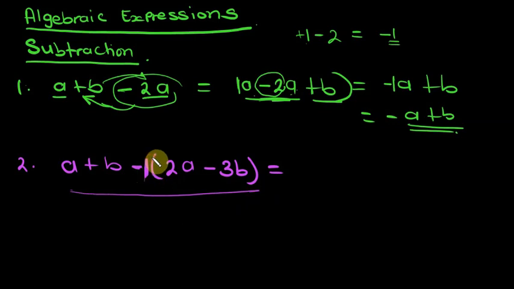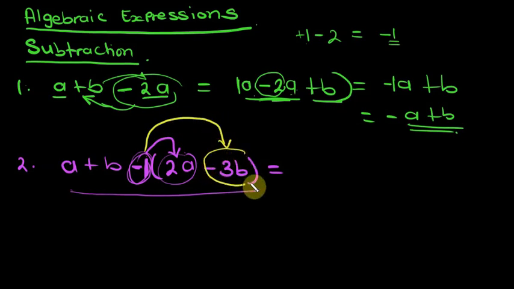So what we need to do to expand the bracket, we just multiply everything inside the bracket by this negative 1. So we'll say negative 1 multiplied by positive 2a, and again we'll multiply by the very same negative 1, we'll multiply it by minus 3b. So let's go ahead and do that.